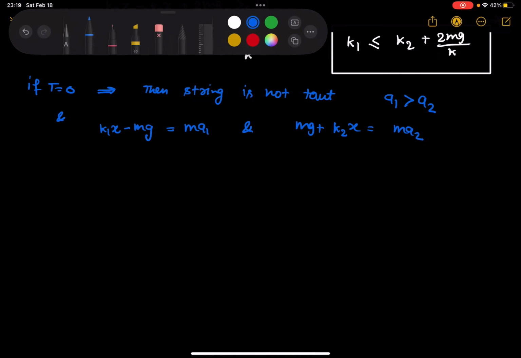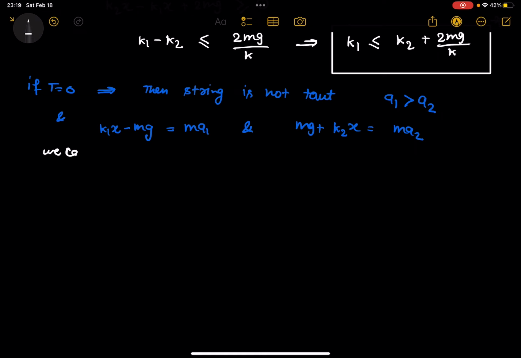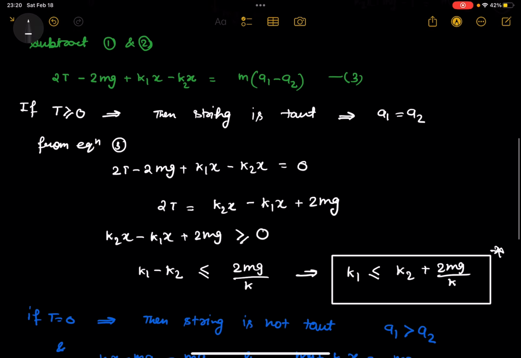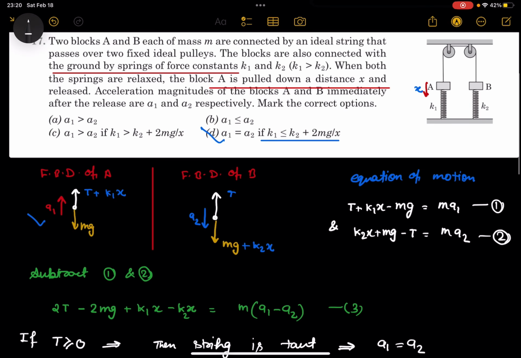From these equations, K1 greater than K2 plus 2mg by x means a1 is greater than a2. So the answer is C. How many answers are correct? C and D are correct. There is no option of a1 greater than a2 other than this, because if a1 is greater than a2 it happens like this, and if a1 equals a2 then K1 is less than or equal to K2 plus 2mg by x. Thank you so much.